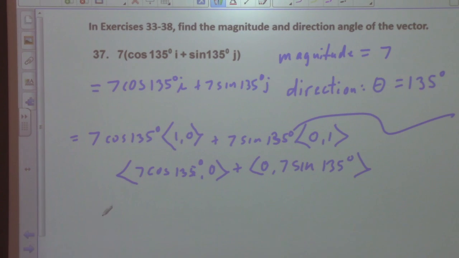And so you add these together, you get 7 cosine 135 degrees, comma 7 sine 135 degrees. And so what you have here is simply this.